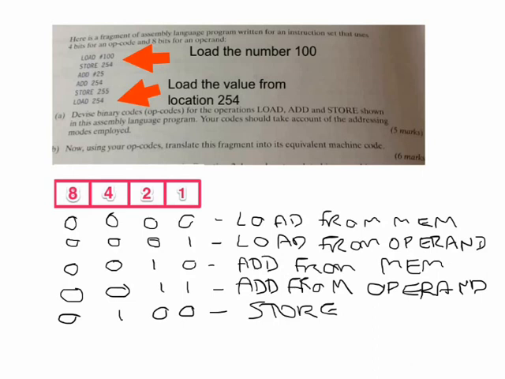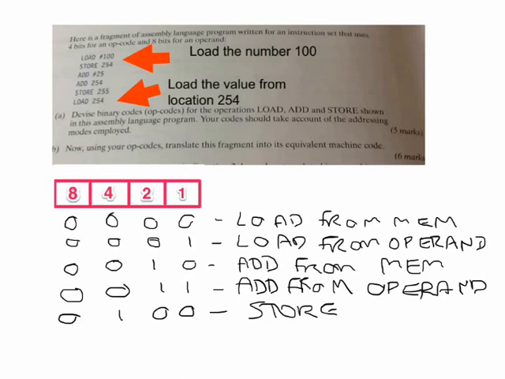The next part of the question that you need to look at is where it says using your opcodes, translate this fragment into its equivalent machine code. So all you need to do now is make sure that you use your opcodes correctly. Whatever they are is fine, but you need to make sure that you use those correctly to translate this into its equivalent machine code.